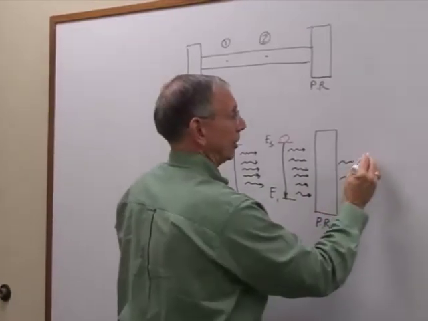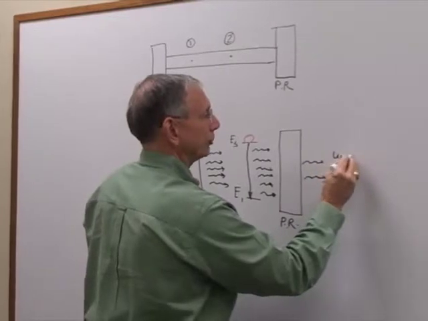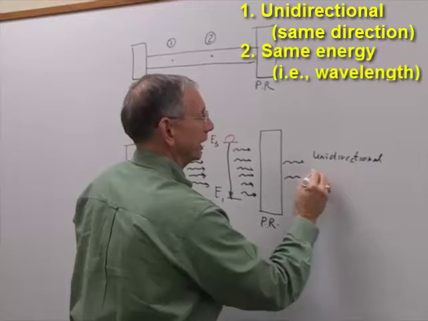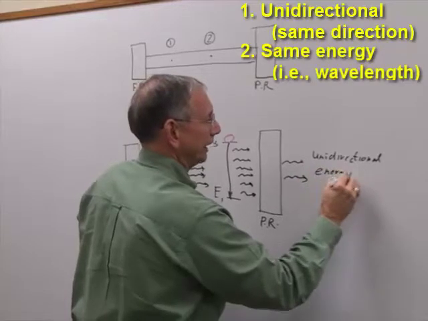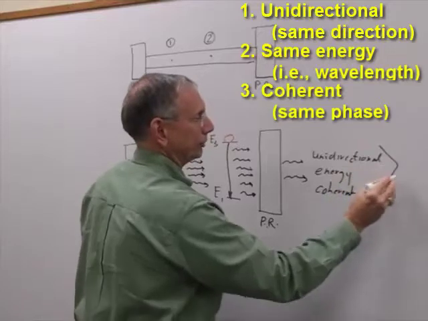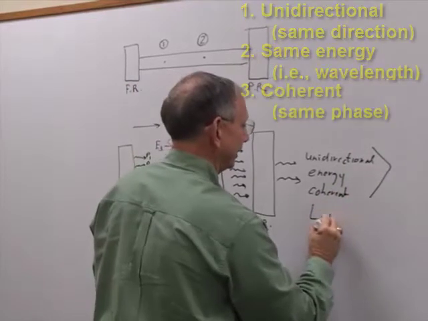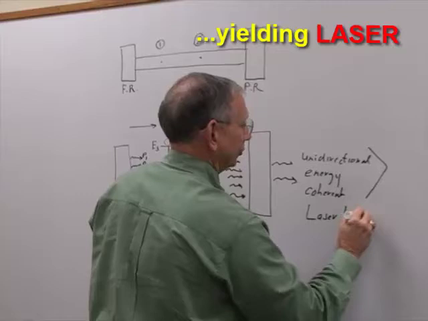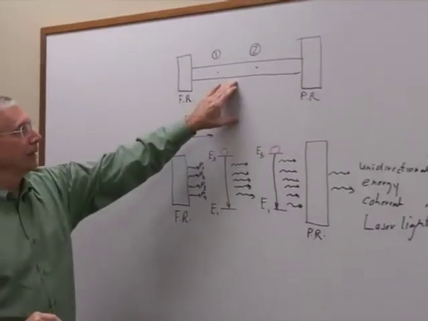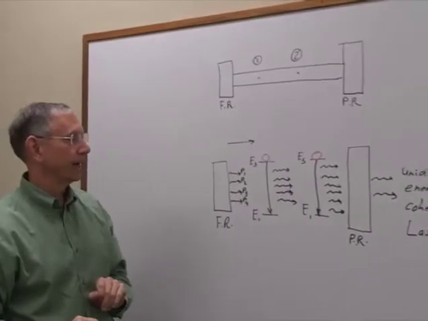Remember that they are all unidirectional, moving in the same direction. They are of the same energy, and they are coherent. And of course, that represents the laser light that is the output that results from this system and from this optical cavity.